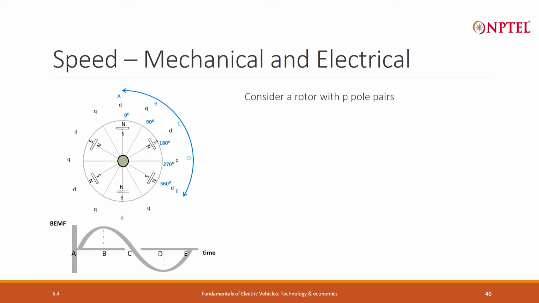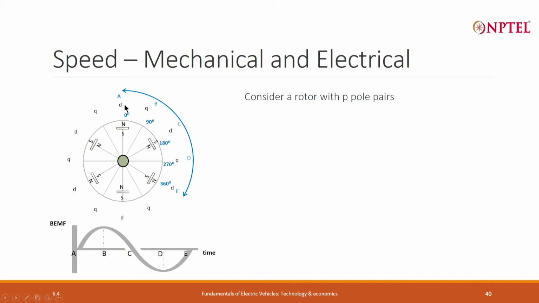But the back EMF waveform will complete one cycle during just this arc of revolution, because one magnetic cycle has got completed, and then the next magnetic cycle, and then the next magnetic cycle. There are 3 magnetic cycles in the whole mechanical cycle. Can you all visualize this?